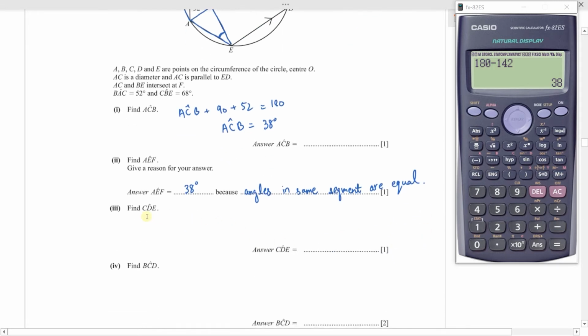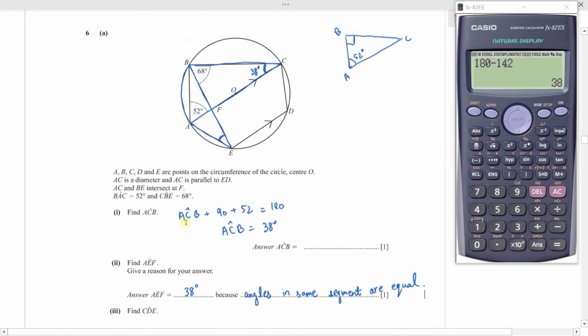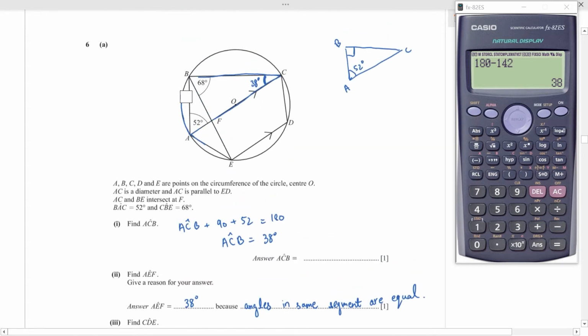So the next part is find angle CDE. So let me just erase this. This is 38. So angle CDE is this angle. So now if you look at this quadrilateral BCDE, so this is a cyclic quadrilateral, and these opposite angles should sum up to 180 degrees.